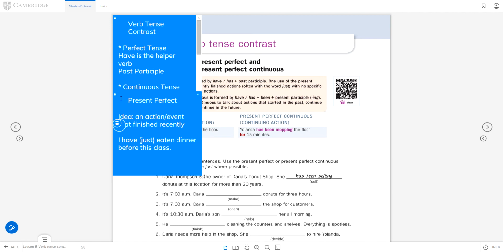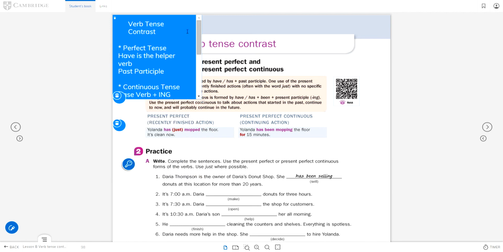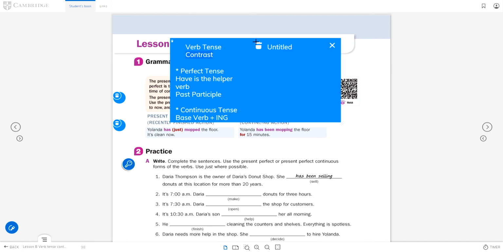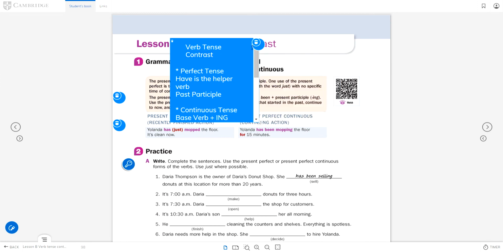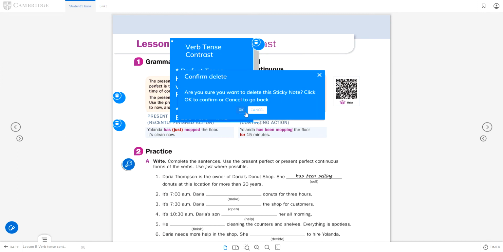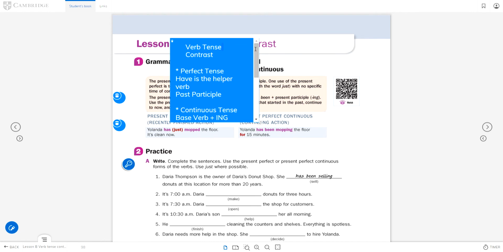Okay, good. Let me close this window here. We'll come back. I don't know why I can't close this one.